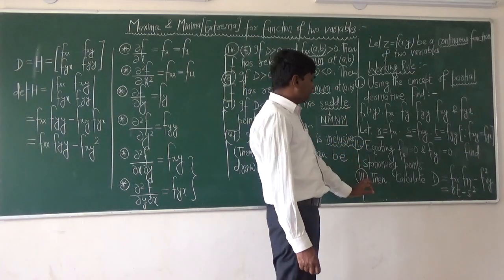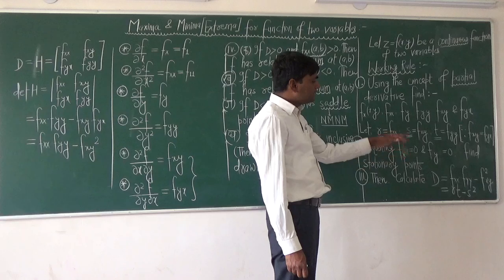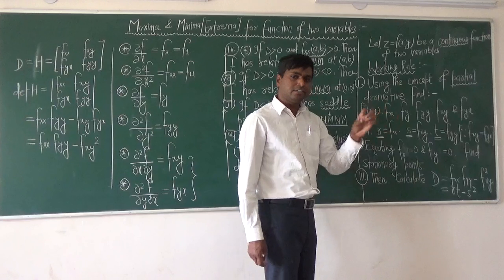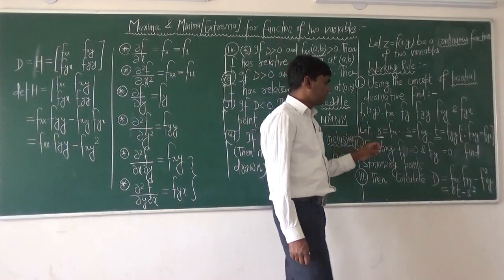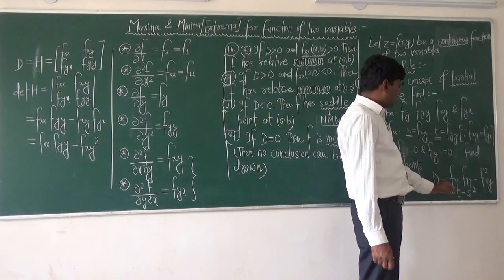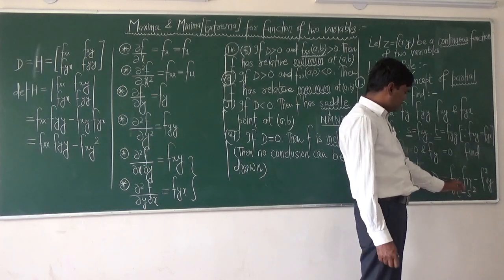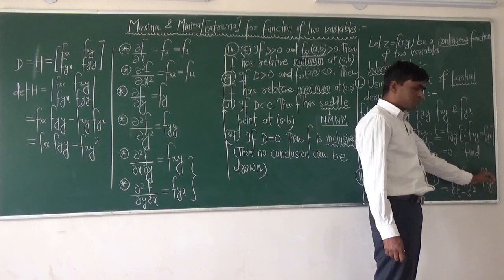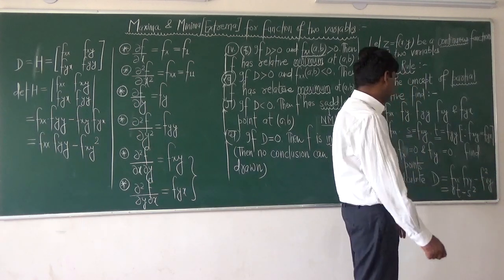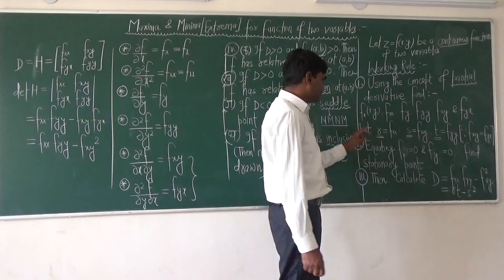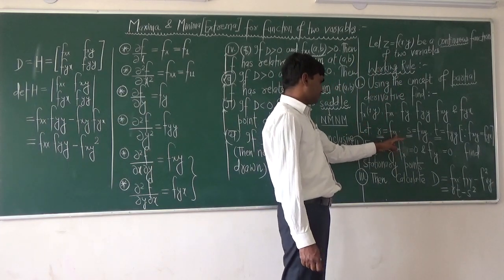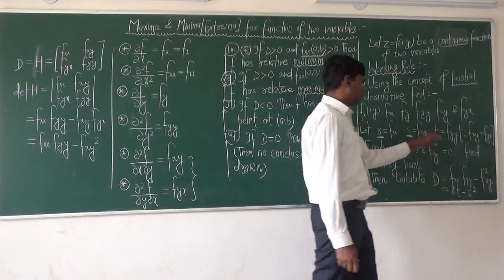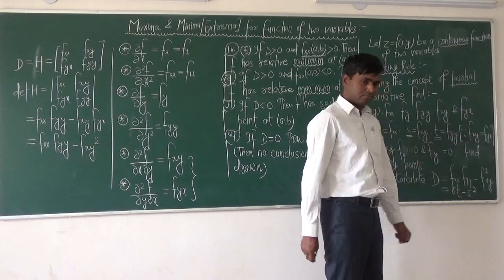In the third step, calculate the discriminant, like that of a quadratic equation. This discriminant is calculated using fxx into fyy minus f square xy. For the sake of convenience, we take fxx as r, fxy as s, fyy as t.